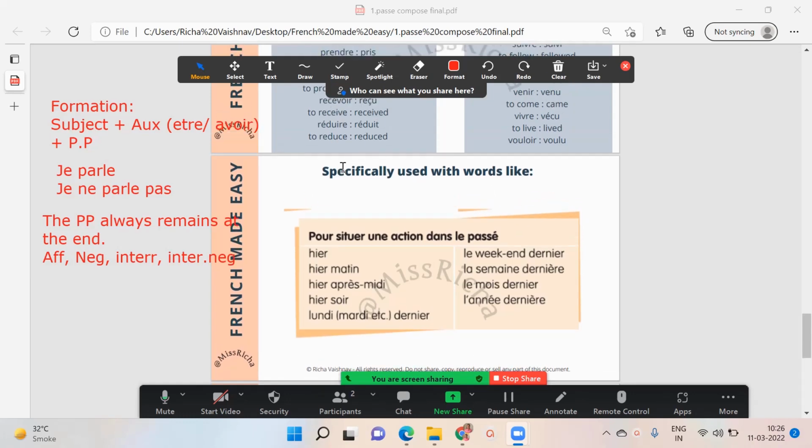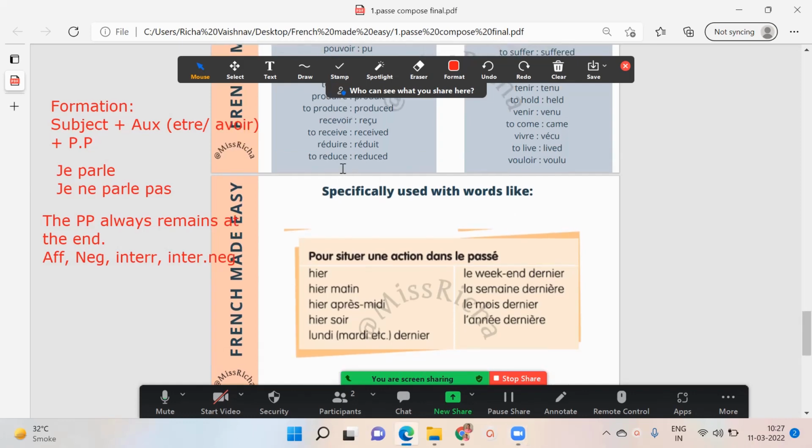Now the passé composé tense is usually used with words such as hier. Hier means yesterday. Hier matin means yesterday morning. Hier après-midi is yesterday afternoon. Hier soir, yesterday evening. In short, anything related to yesterday. Then it is used with anything that has dernier.